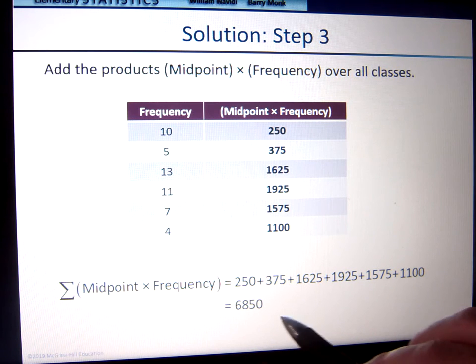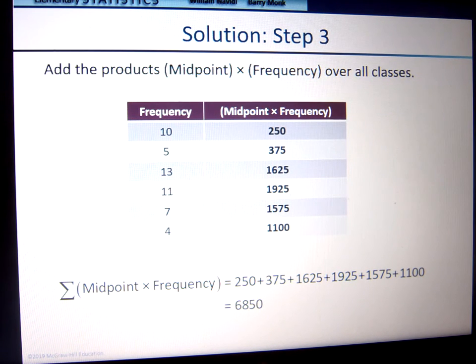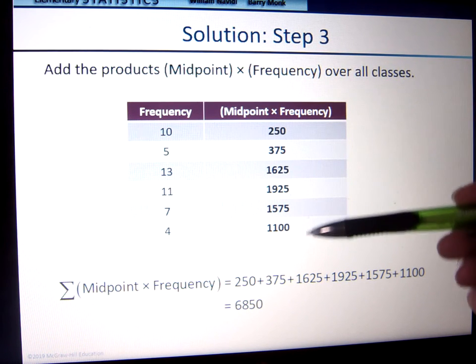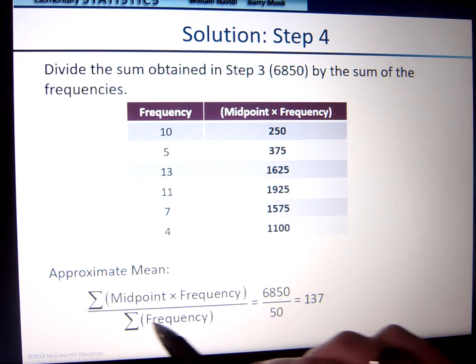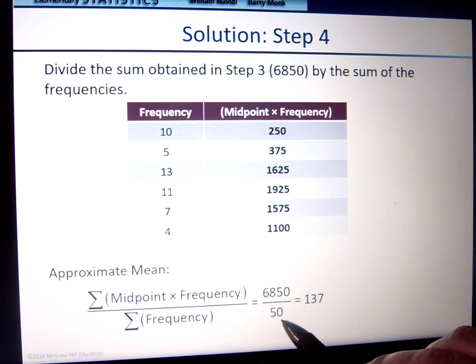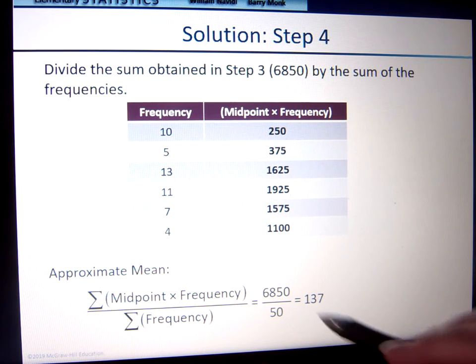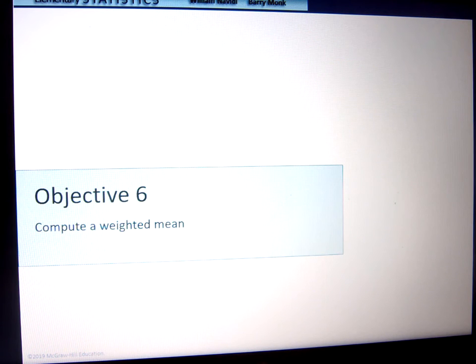So again, I'm going to take the sum of the midpoint times the frequency, add those all together, and then I take that sum and divide it by my total frequency, which all of these together would be 50, and get 137.